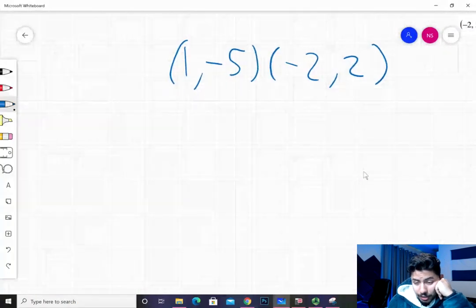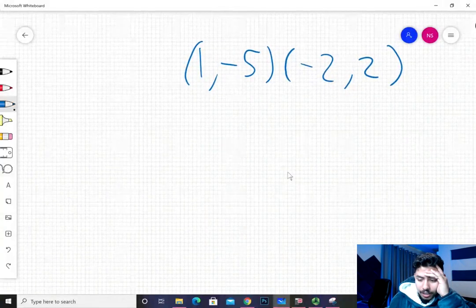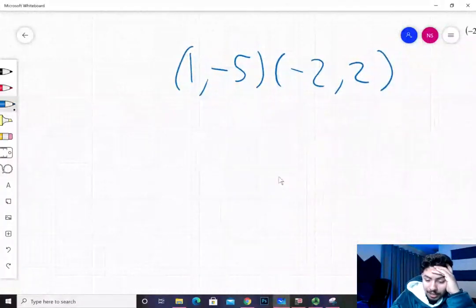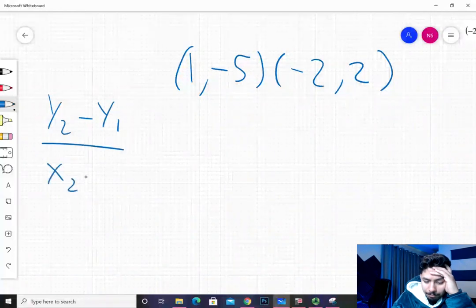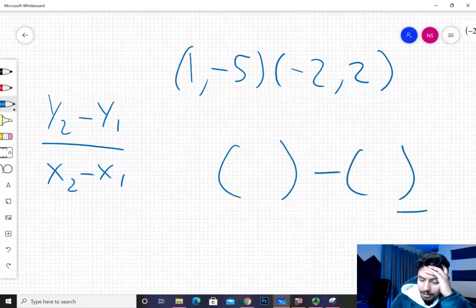So pull up your GED formula sheet if you don't remember the formula. Make sure you rewrite it with parentheses. So the original formula is like this. I'm just going to rewrite it like this.